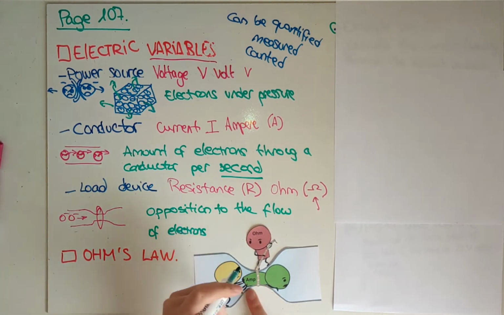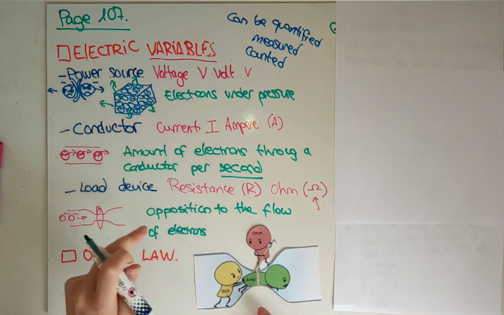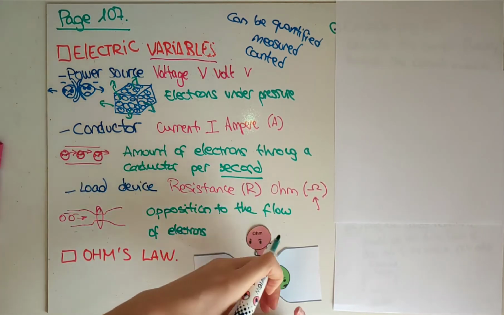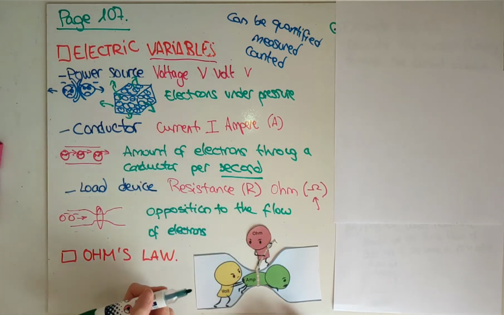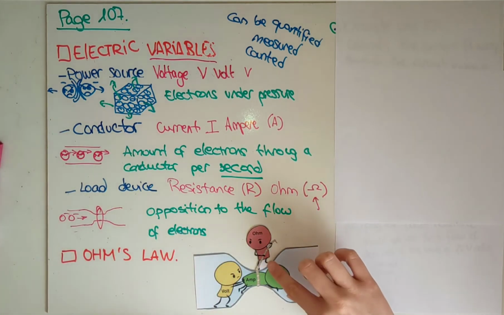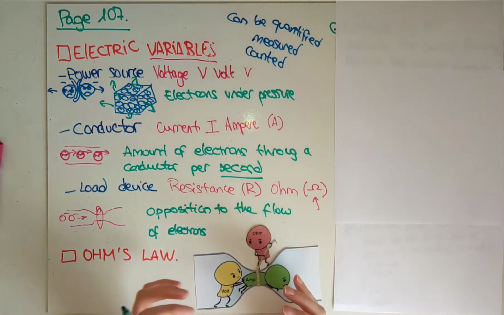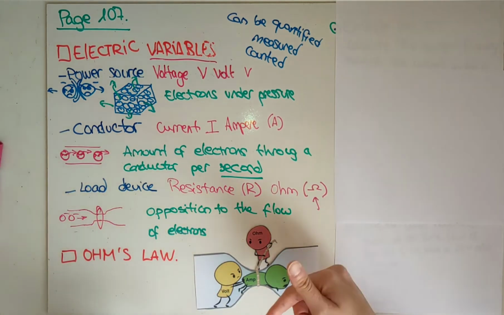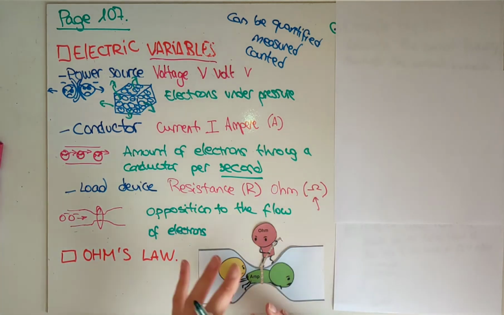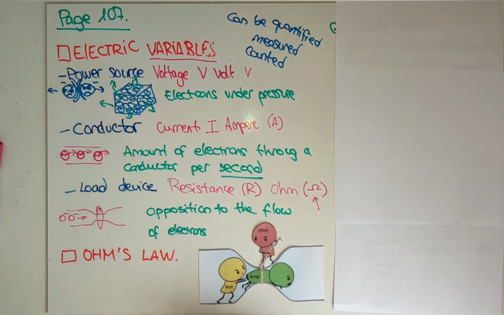And when the current tries to pass through a load device, the load device makes a resistance to pass. The resistance tries to stop, okay? And the load device transforms this energy into another type of energy. Okay, so we can relate these three variables in a formula, okay?